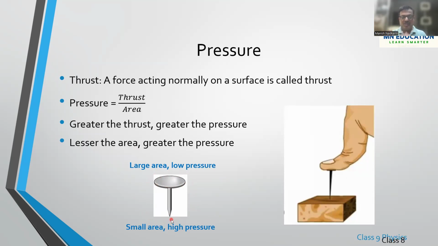And we know small area results in high pressure. Whereas at the top, the area is larger. So there, because the area is large, the pressure acting on your finger will be relatively less. So it won't hurt your finger when you apply the pressure, but it will definitely penetrate this block of wood because the pressure at the bottom is going to be very, very large because the area of contact is very, very small. I hope this point is understood.